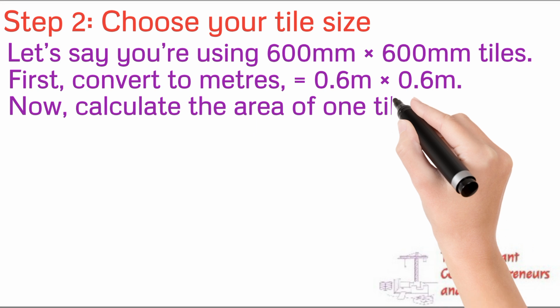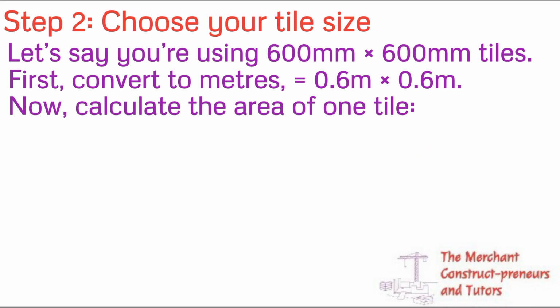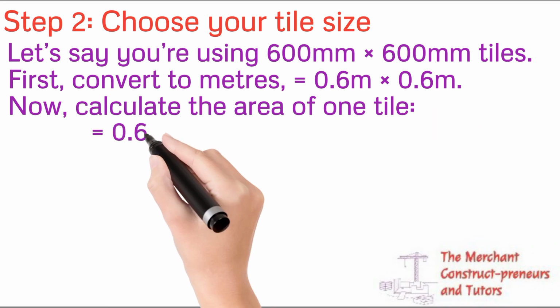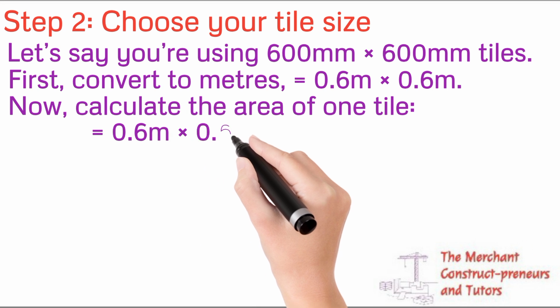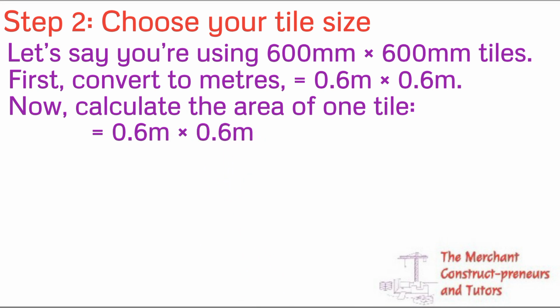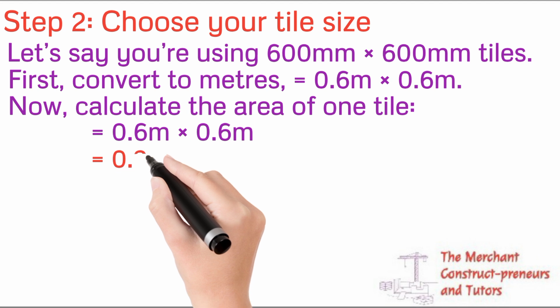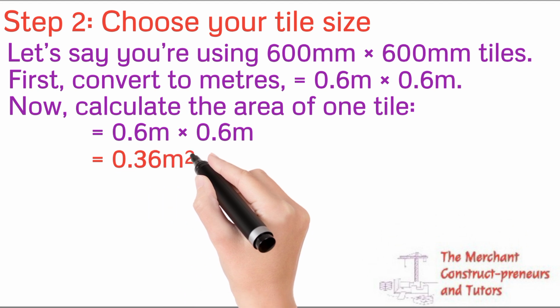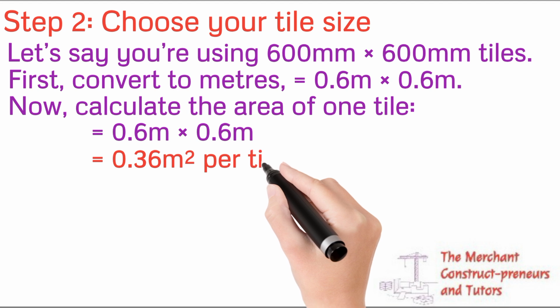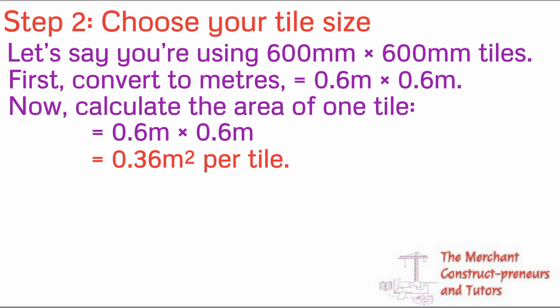The second thing we are going to do is calculate the area of one tile. Since we are using 600 by 600 millimeter tiles, it will be 0.6 multiplied by 0.6. So we have 0.36 square meter per tile. Hope we got this explanation up to this level.